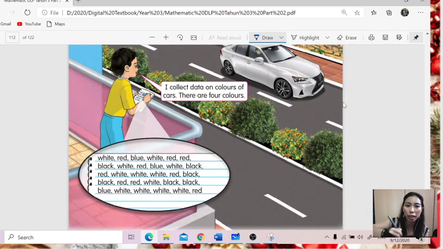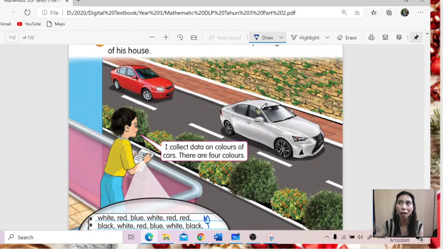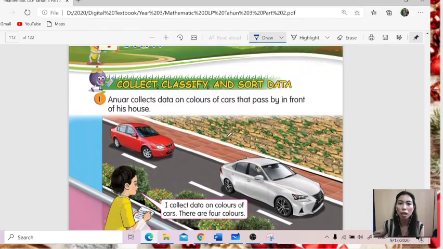Maybe he starts on Monday, Tuesday, Wednesday, Thursday, and Friday. These are the days that he goes and collects data, and maybe he collects data at the same time to make the data more precise. The amount of time and the range of time are also important.